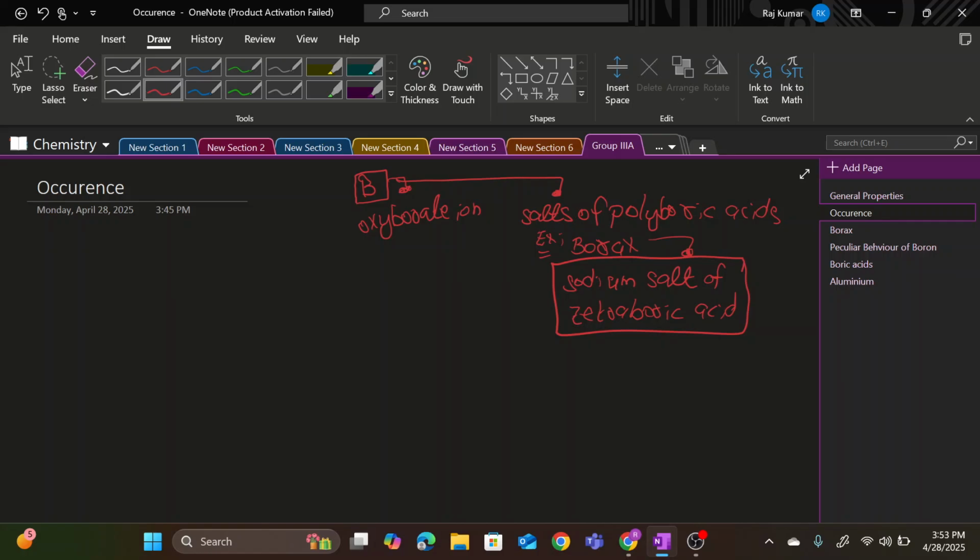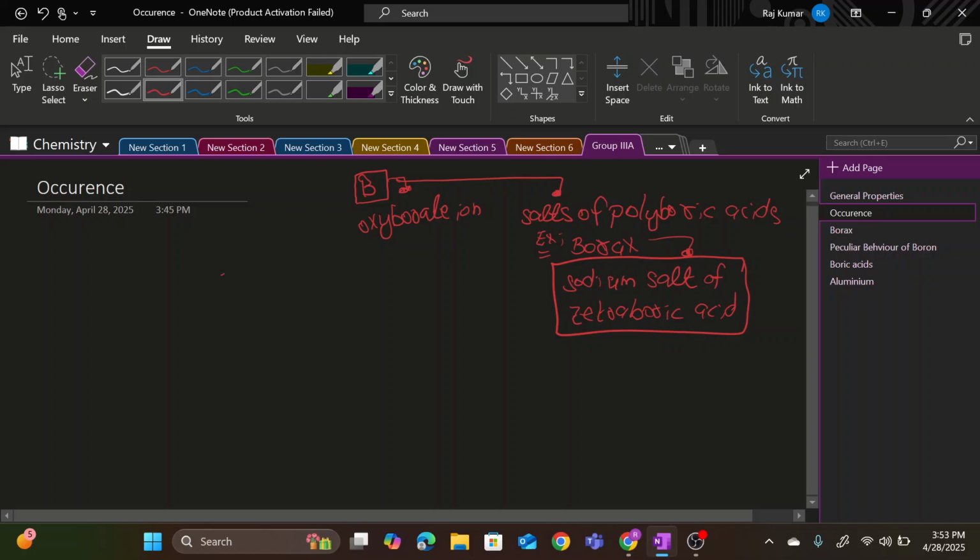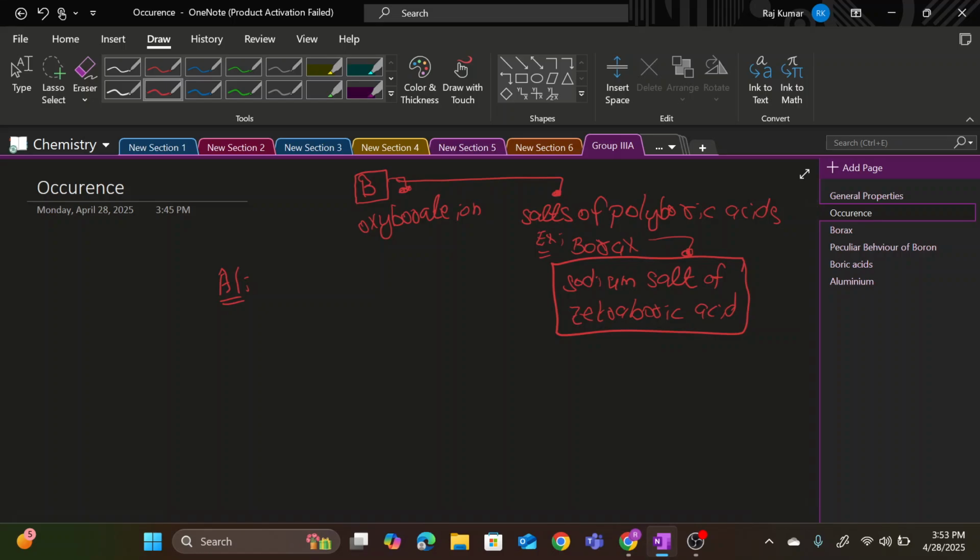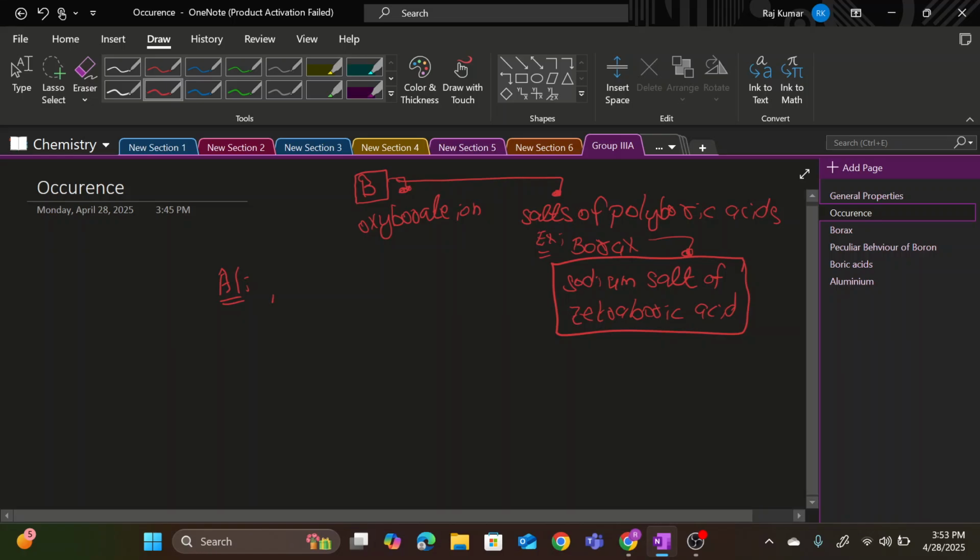Secondly, we have aluminum. If you talk about aluminum's role, aluminum is basically the most abundant element after oxygen and silicon in the Earth's crust, and it is found in rocks.